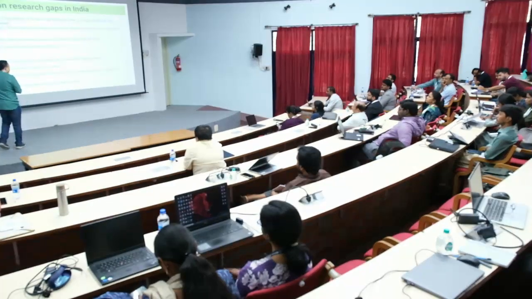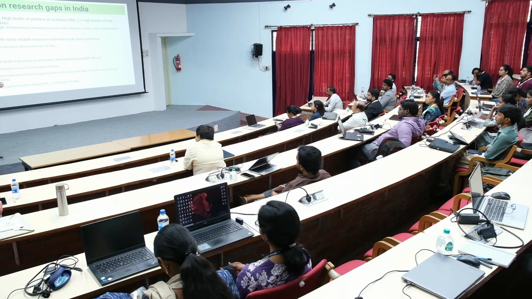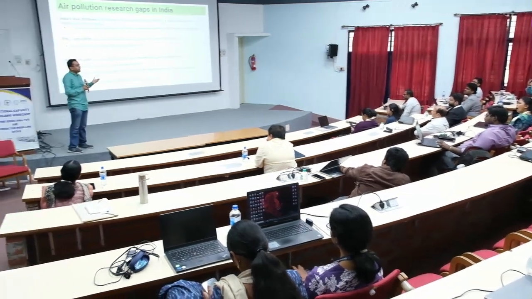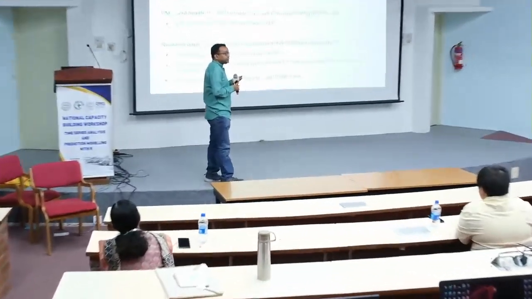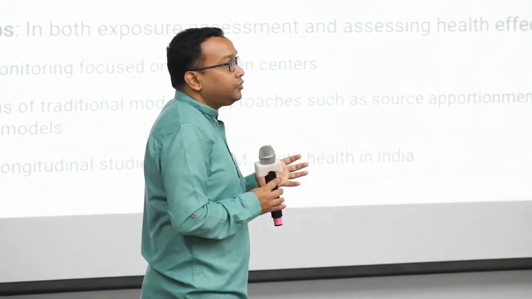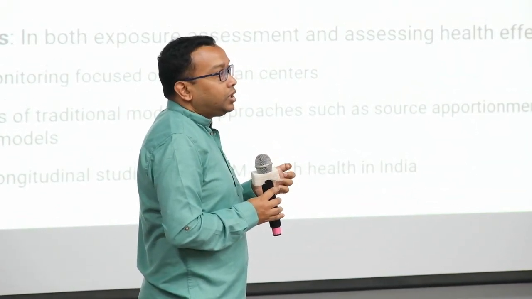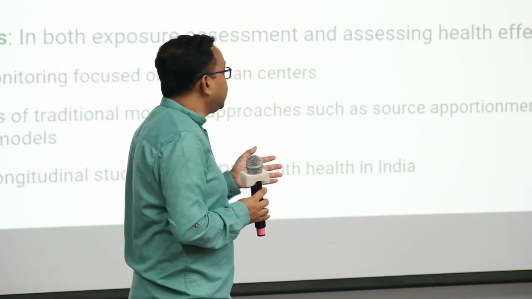The monitoring in India is mostly focused, especially for PM 2.5, on urban centers, right? You don't have monitors in most rural areas, which have a lot of population. A lot of peri-urban areas, tier 2 cities, and tier 3 cities don't have monitors, but they have a lot of people living there. So how do we get across that barrier? It's also difficult to maintain monitors.